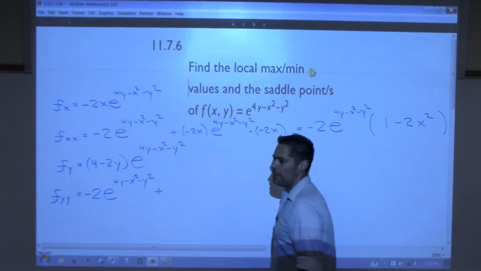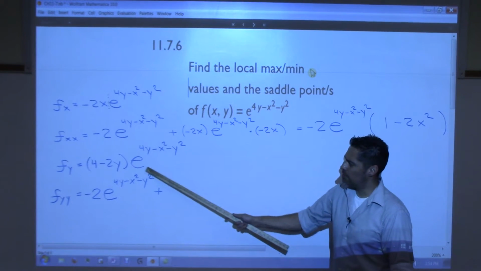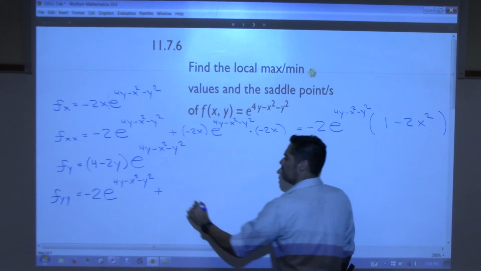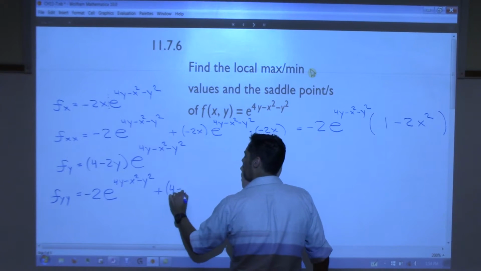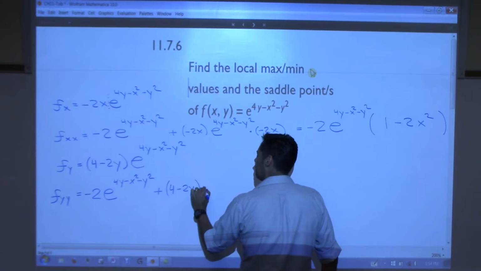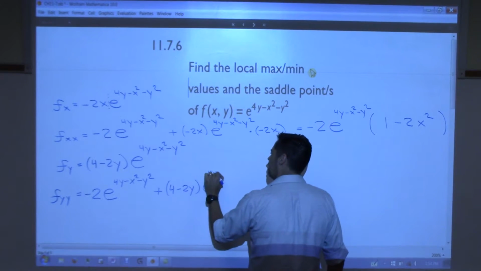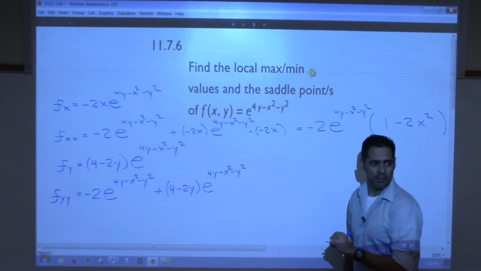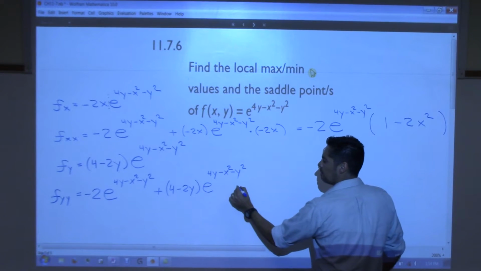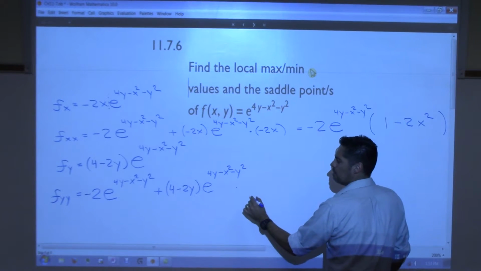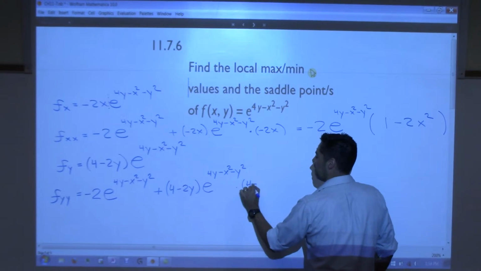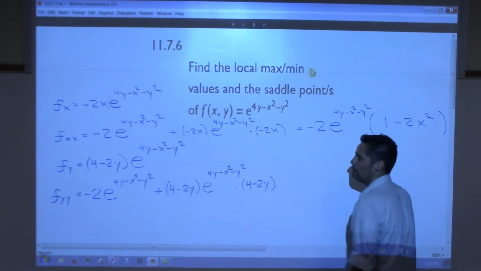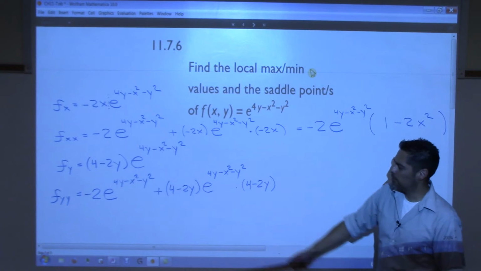Plus, now the derivative of this, which we did a second ago. It was 4 minus 2y, e to all that junk again. See how this is getting a little more complicated? Am I done? Times 4 minus 2y again, which was the stuff out front.